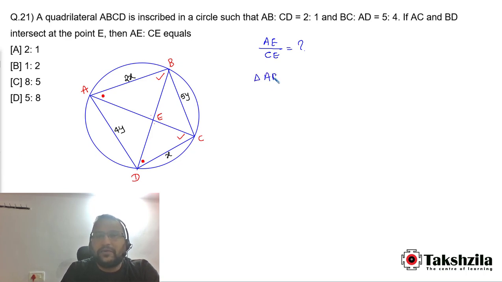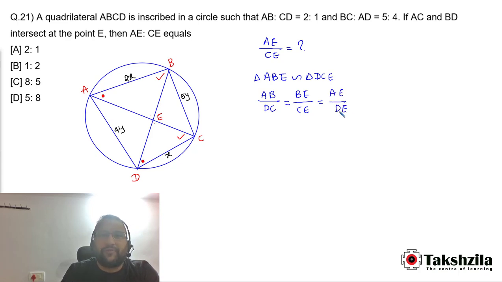Triangle ABE is similar with triangle DCE. So let's write the ratio of corresponding sides. The ratio of AB and DC is going to be the same as the ratio of BE and CE, and is also going to be the same as AE and DE.